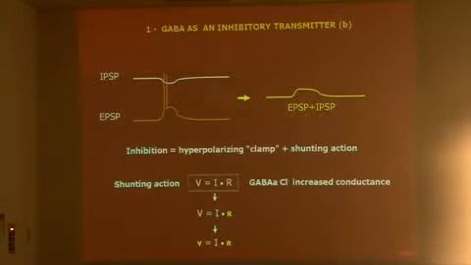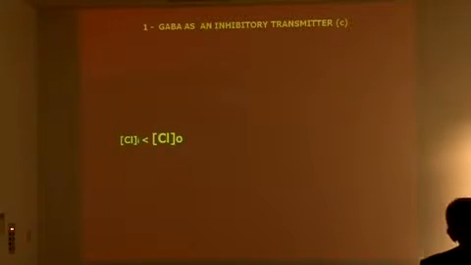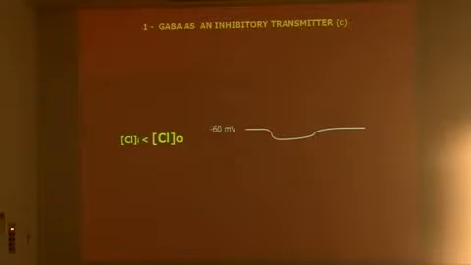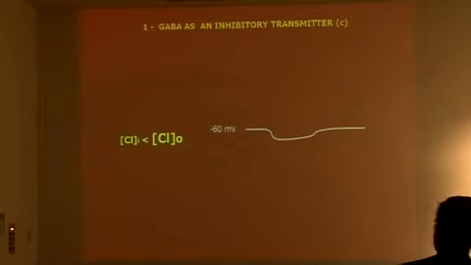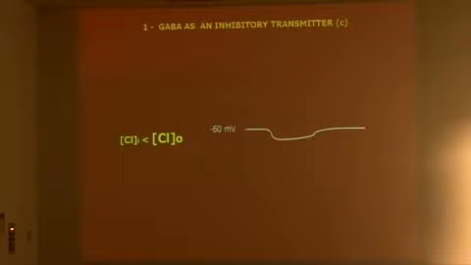Okay. So, now, the hyperpolarizing mechanism is nonetheless very important. And not only important, it can also be quite tricky. Why? Because normally you know that chloride inside is less than outside.